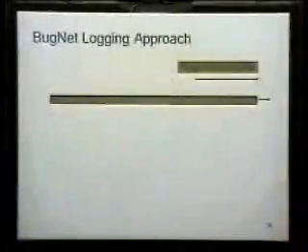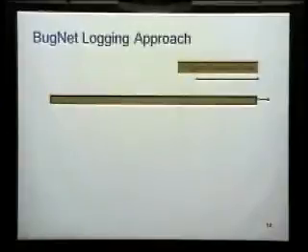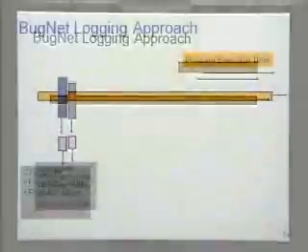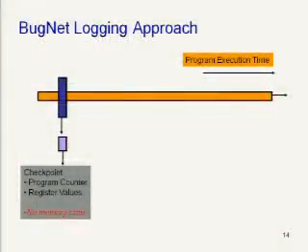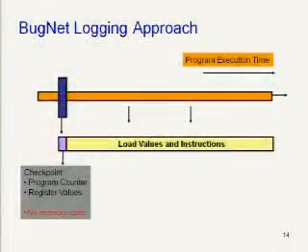Let me illustrate my trick with an example. Say you have a program's execution and you want to record it from a point. You would take a checkpoint, which consists of the program counter and the architecture register state. After that I record the values of all the load instructions.